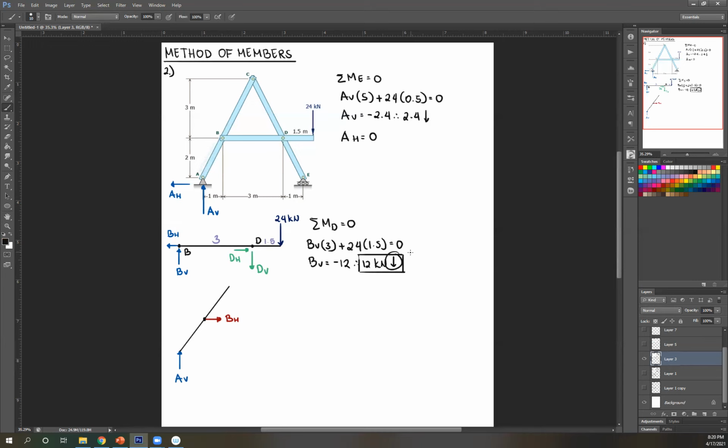I know this is downward. So you're not going to repeat the same mistakes anymore for method of members. It's better to correct it so that you won't get confused. So this is downward. I already know downward. Therefore, this should be upward. So for method of members, if you already know what the actual direction is, you should apply that. So I know this is downward. The opposite of that is upward. So this is your BV.